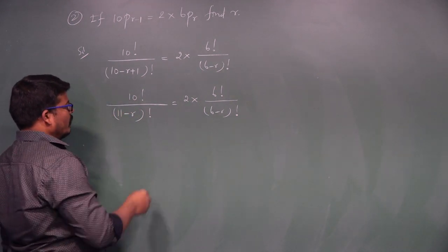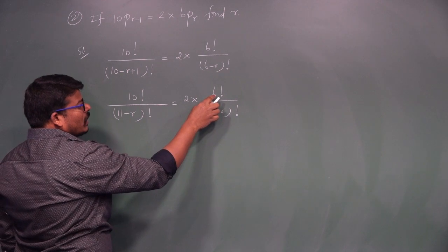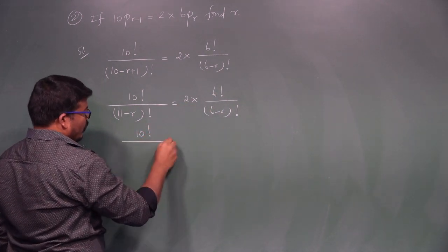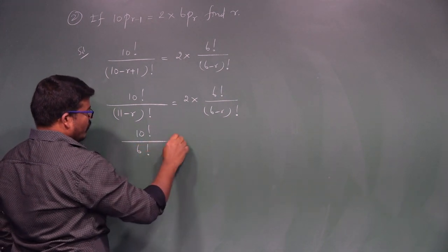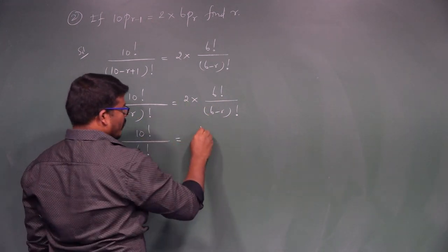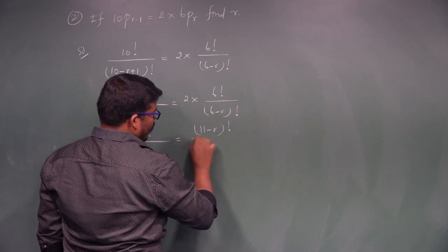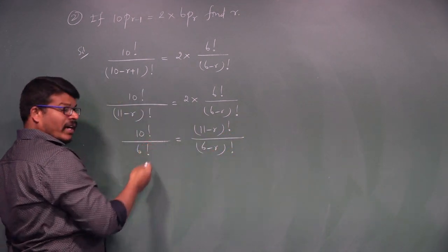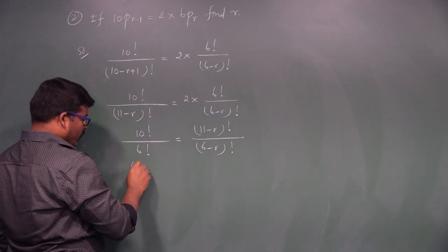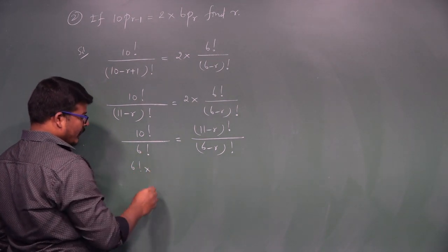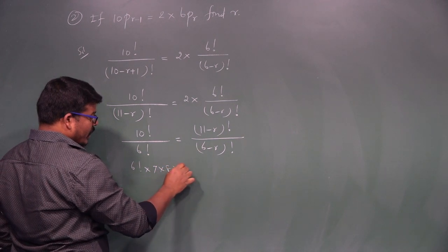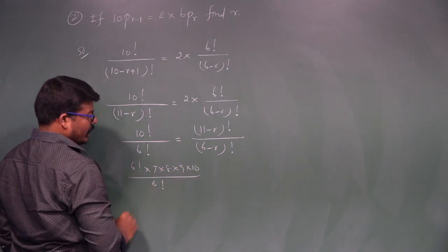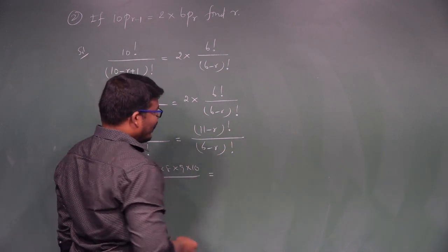Now 10 factorial, 6 factorial this side, divide. 10 factorial by 6 factorial equal to (11 minus r) factorial by (6 minus r) factorial. 10 factorial by 6 factorial is 7 into 8 into 9 into 10, equal to (11 minus r) factorial.